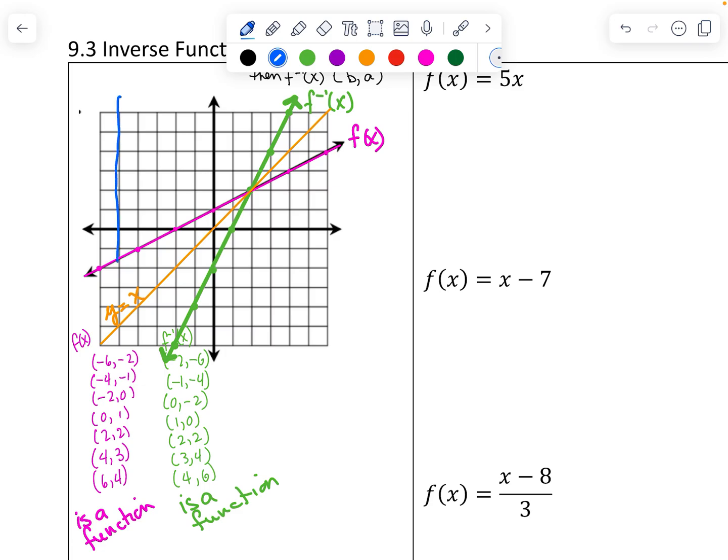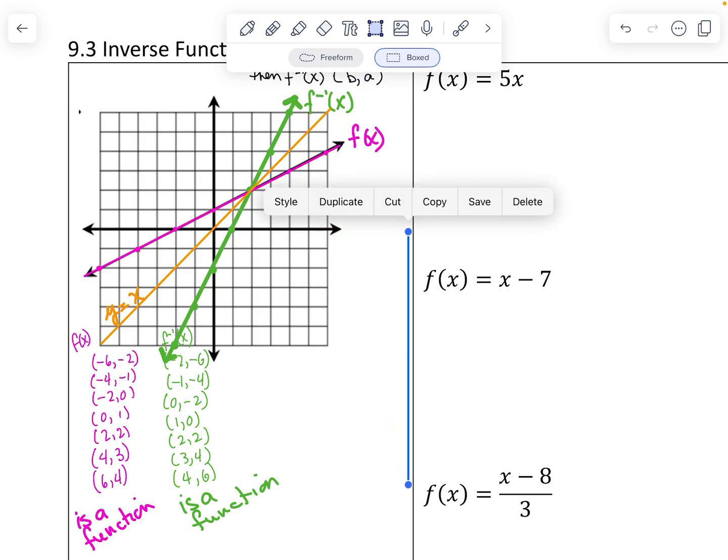So if we put a vertical line test and we run it across the pink line, you'll notice the blue line only intersects the pink line once. That makes it a function. Also true that the blue line only crosses the green line once, making the green line a function. We'll just hold on to that because we'll use that again later.